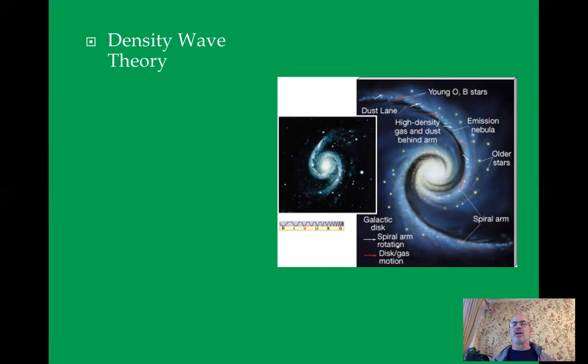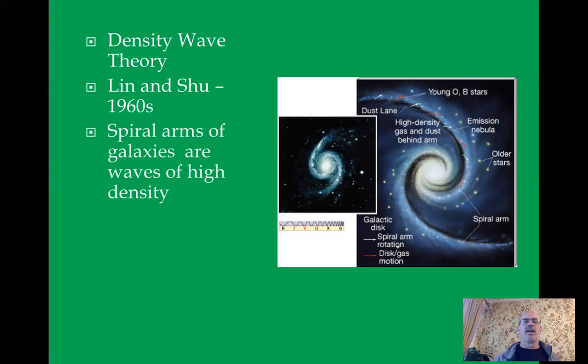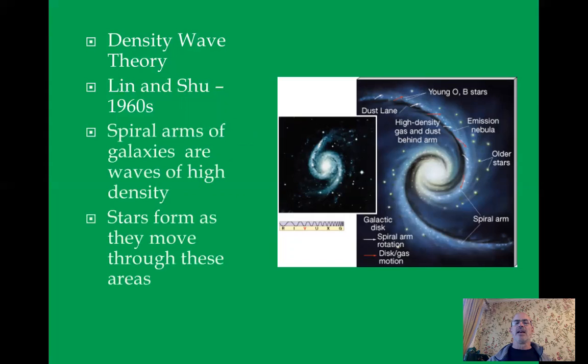Back in the 60s, two astronomers came up with this theory saying that the spiral arms of a galaxy are just regions of very high density. So as the cloud moves through these high density regions, it achieves the density it needs for star formation. This is just one of several theories.